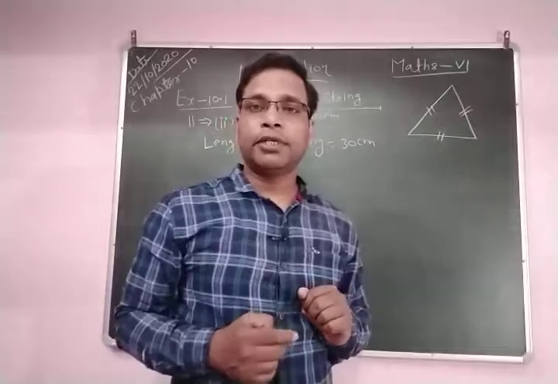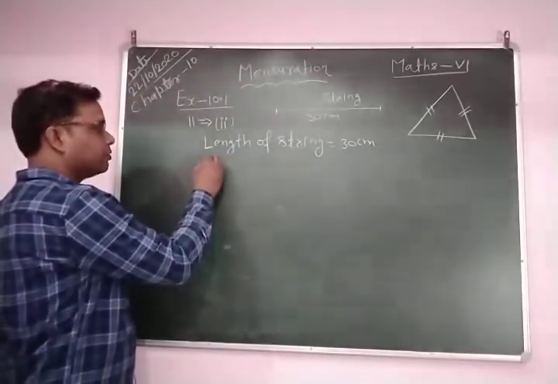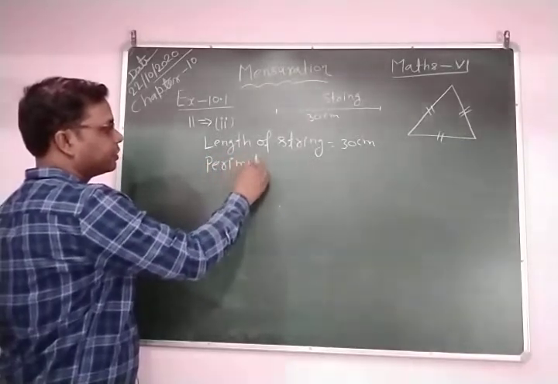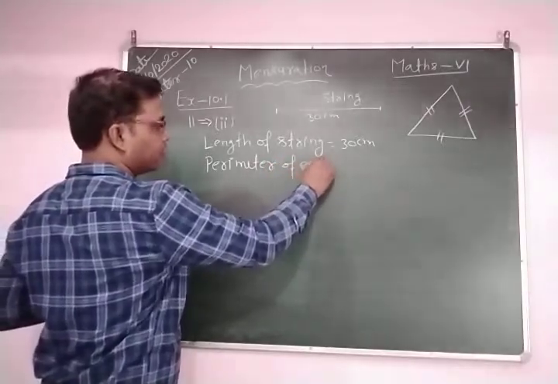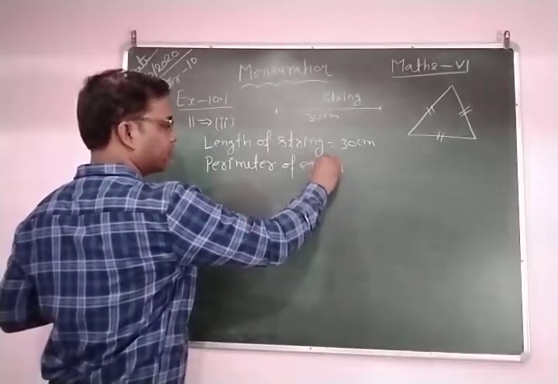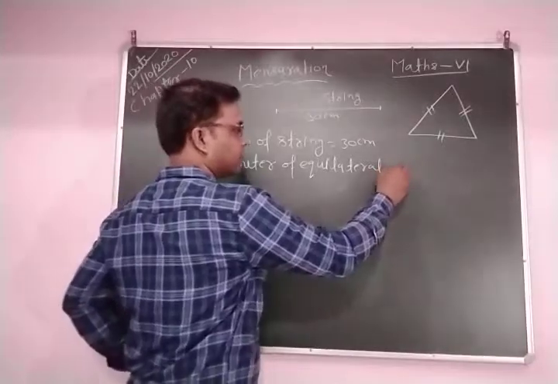So what is the perimeter of the equilateral triangle equal to?